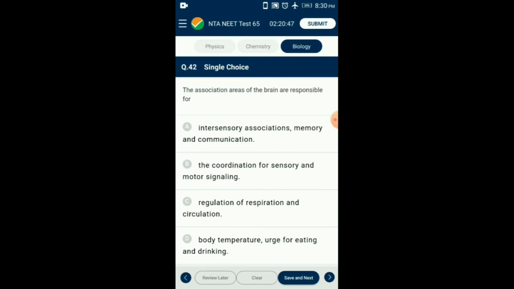The areas of association are thought to be responsible for elaboration of the information received by the primary sensory areas and its correlation with the information fed in from memory and from other brain areas. They are thus responsible for the maintenance of many higher mental activities. So the answer for this question is option A, intersensory associations, memory and communications.